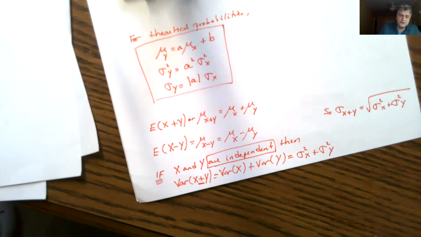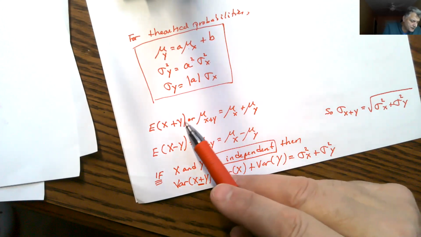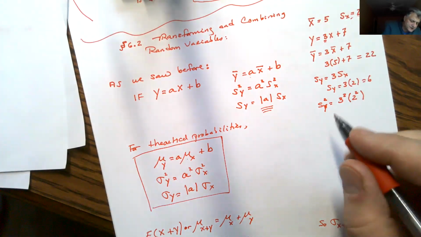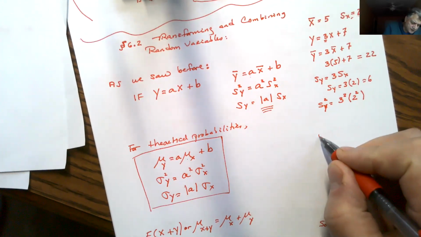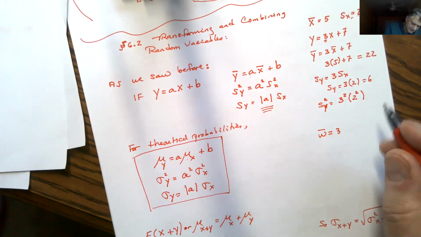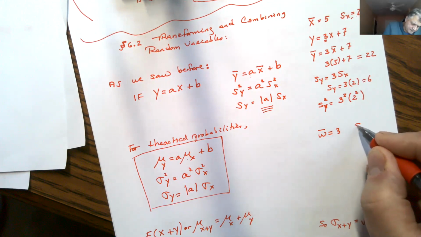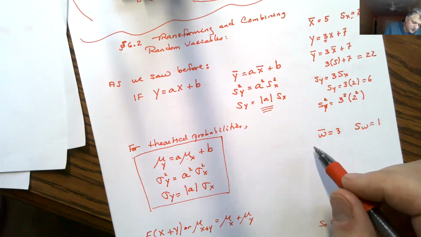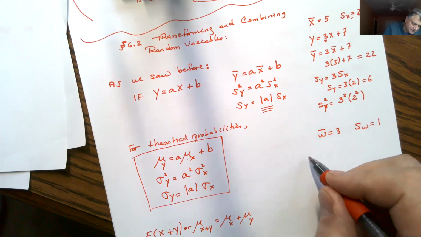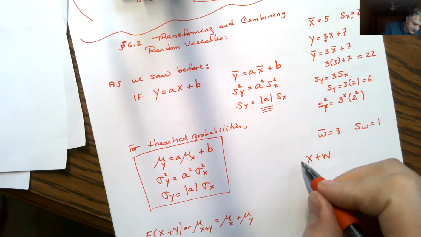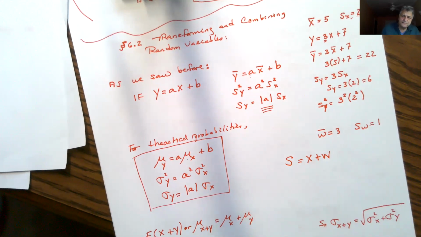Some other formulas we had. Let me do the same example up here. Say we have another variable w, where w bar is 3 and S w is 1. If I take these two variables and add them together, x plus w, let's call this S for sum.